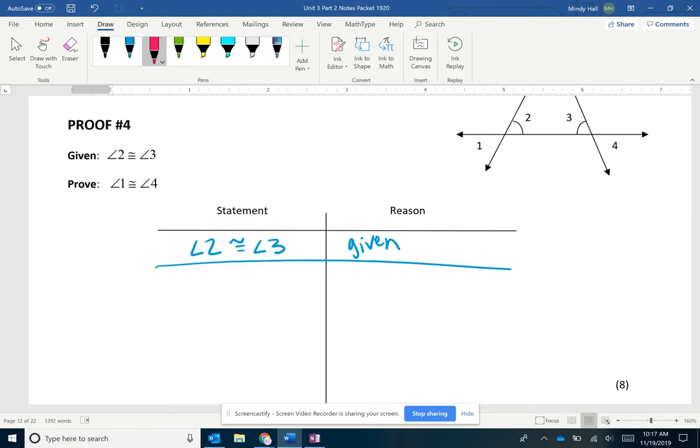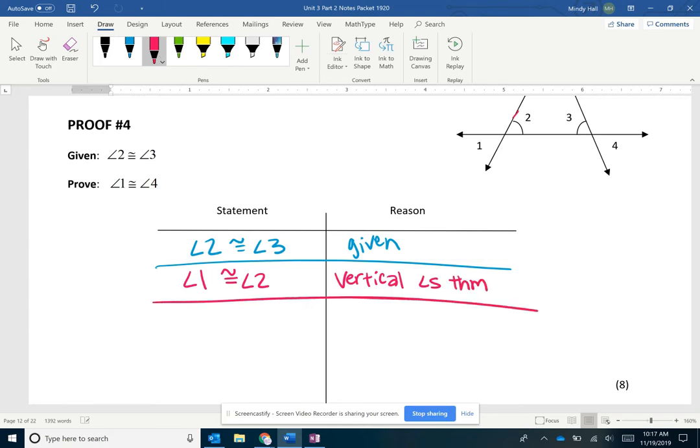But we also see that angle 1 is congruent to angle 2 because of the vertical angles theorem. Remember, if you see an X like this, opposite angles are congruent. So then if 1 and 2 are congruent, then that means angle 3 is also congruent to angle 4 because of the exact same reason, vertical angles theorem.